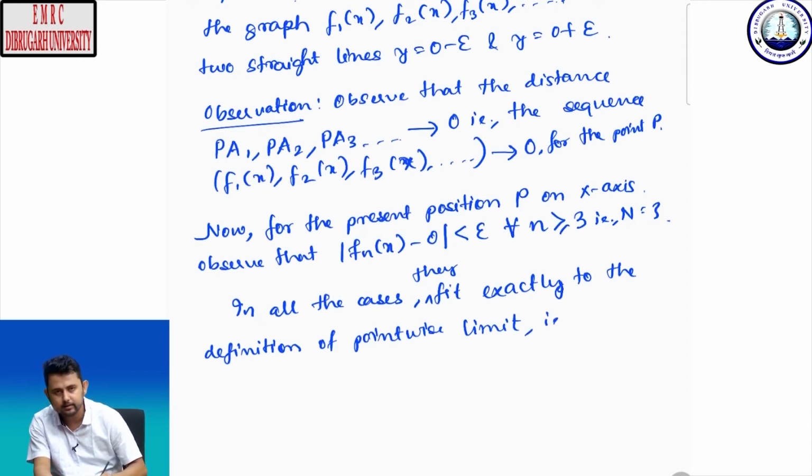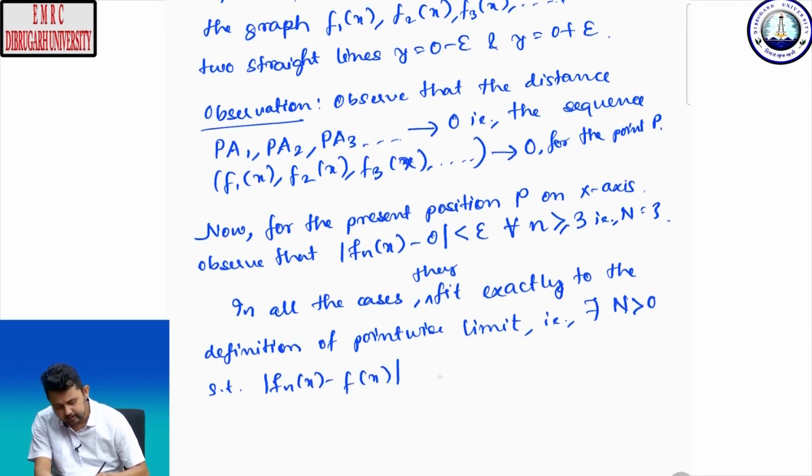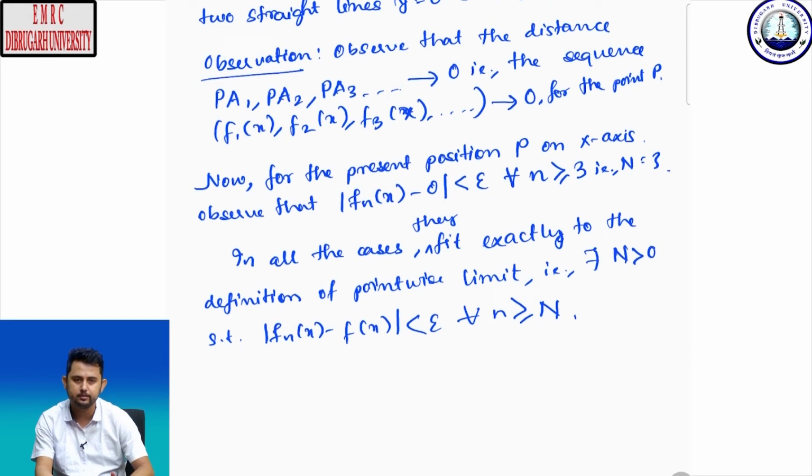That is, there exists a positive integer N such that mod of fn x minus f of x is less than epsilon for all n greater than or equal to N, which is true for each value of x.